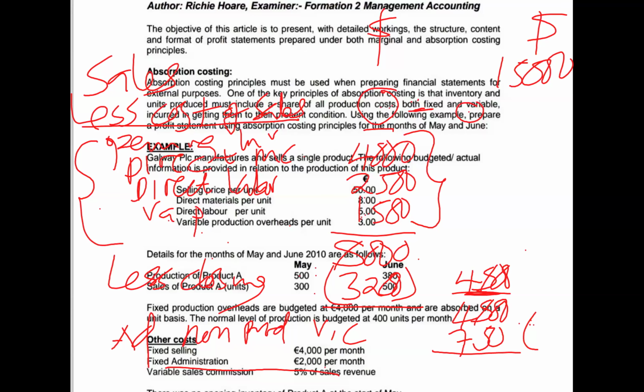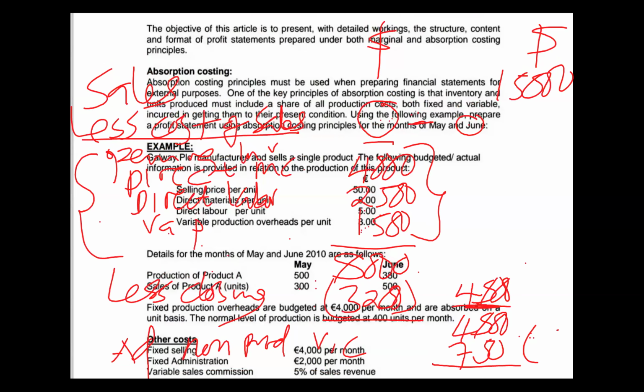Everyone finding the same? Are we all finding the same? Yes, sir. Then you can deduct that now from 15,000. This is what you can deduct from 15,000 to get the contribution.